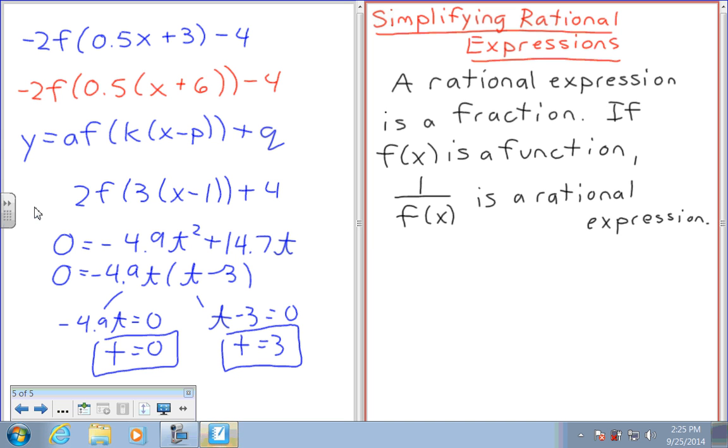Okay, so basically we're dealing with fractions involving variables. That's what we're all dealing with right now in this unit. And this is really, really good stuff.